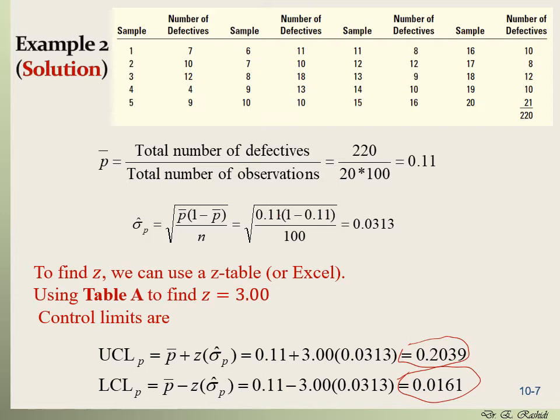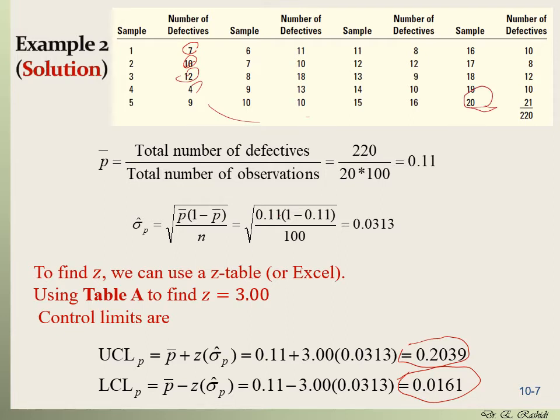We want to now use this control chart to actually test whether this process is in control or not. So what you need to do is find a proportion for each sample. For example, we know the first sample, the second sample, the third, fourth, up to the 20th sample.